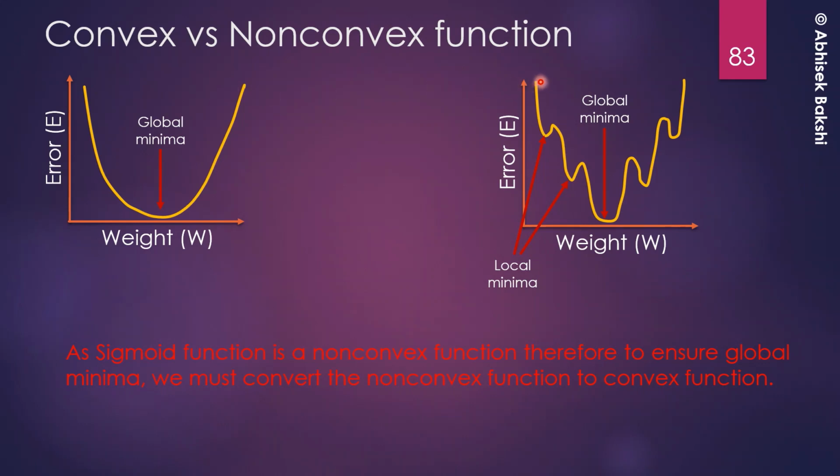But here we have a different situation. Wherever you start, you will face great difficulty reaching the global minima, because there is a pocket present here. There is a high chance that you will start your journey from some side, maybe this side, and you will come down, and once you get stuck in this particular pocket, it is very difficult to come out of it and go down. So naturally the learning will not be completed, and as a result you will never converge.